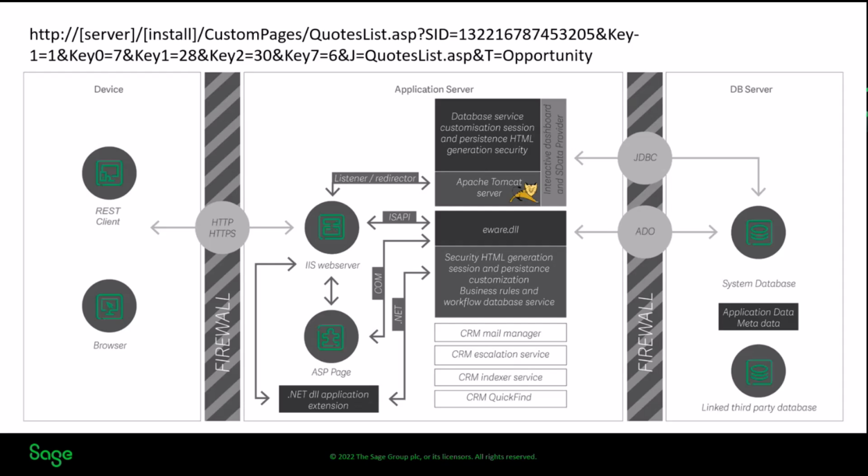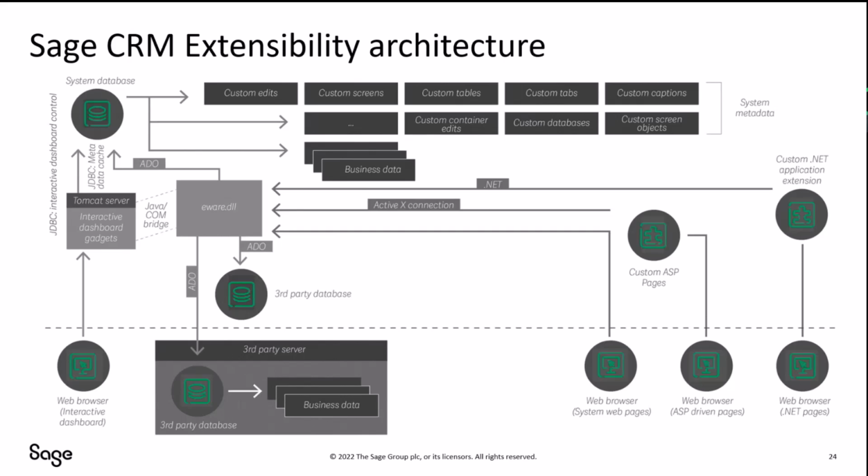If you think back to our earlier lessons, when we talked about the importance of metadata and how metadata is used to draw the screens, we use metadata in the same way inside the ASP pages.